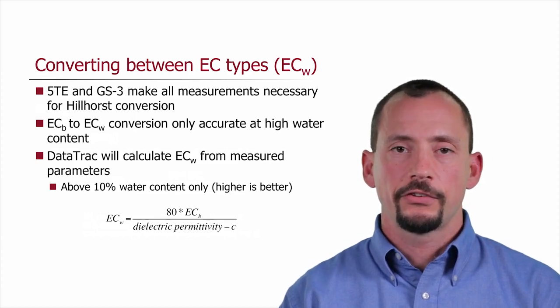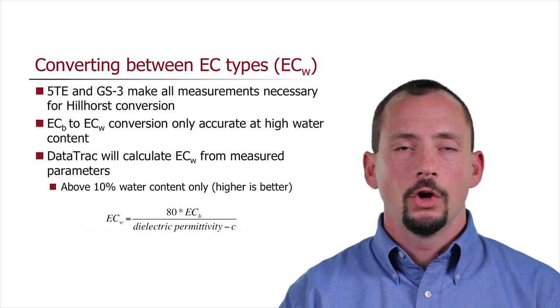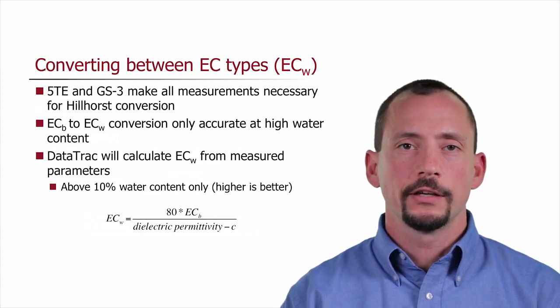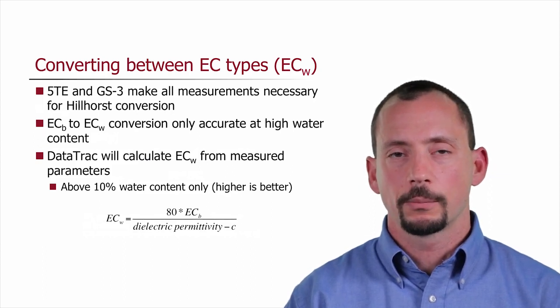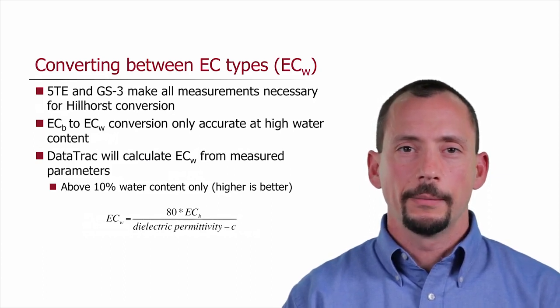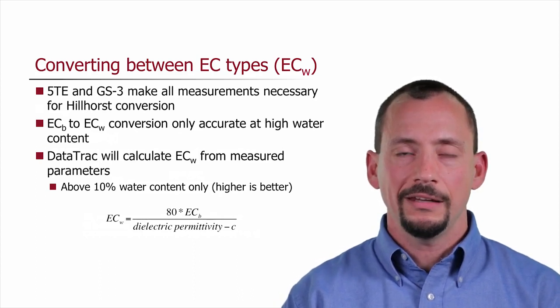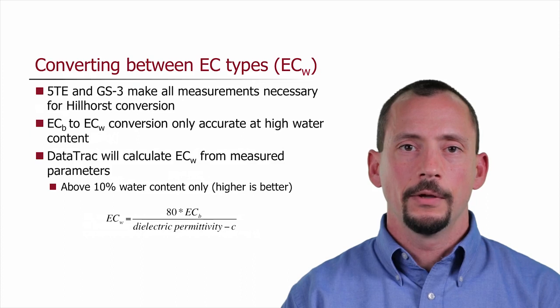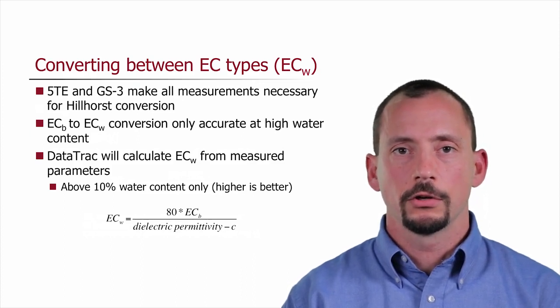Unfortunately, this conversion is only accurate at high water content. Once you get toward low water content, once you get toward low dielectric permittivity, you'll see that dielectric permittivity is in the denominator. Once that dielectric permittivity value approaches the constant, then the bottom basically goes to zero, and you have big problems because your equation blows up.